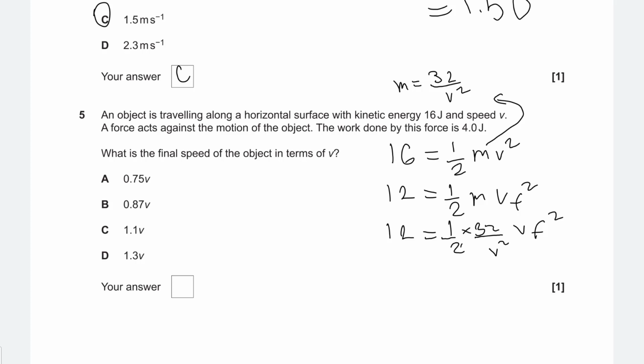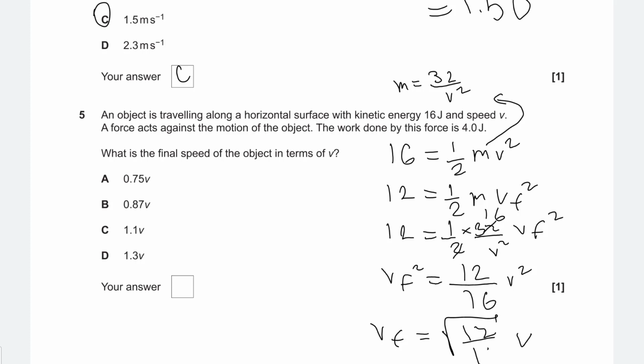Okay, well, this here will be 16, so vf squared will be given by 12 over 16 v squared, and now I can just square root this to get this in terms of v. 12 over 16, putting that into a calculator, so square root of 12 over 16, what does that give me? 0.866 v. Correct answer is B, like so.